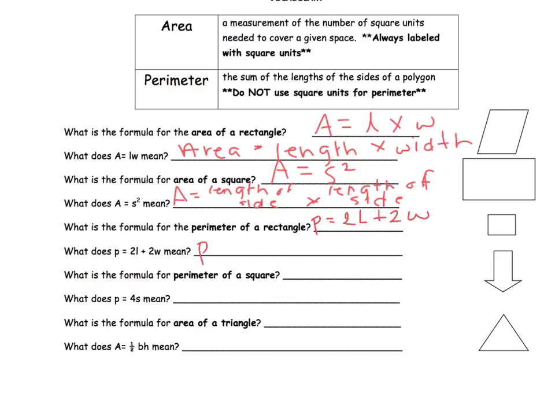Perimeter of a rectangle equals 2 times length plus 2 times width.